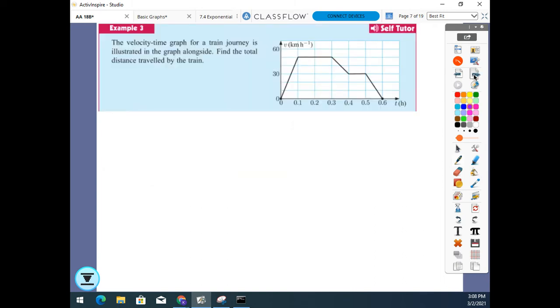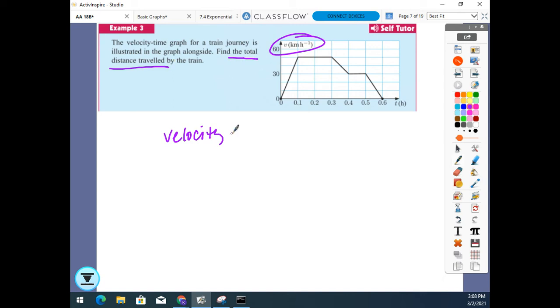Okay, so for example 3, the very first thing you should always notice is what the graph is of. In this case, this is a velocity graph. Find the total distance traveled. Notice the entire thing is above the x-axis, so everything's positive, so that's good.